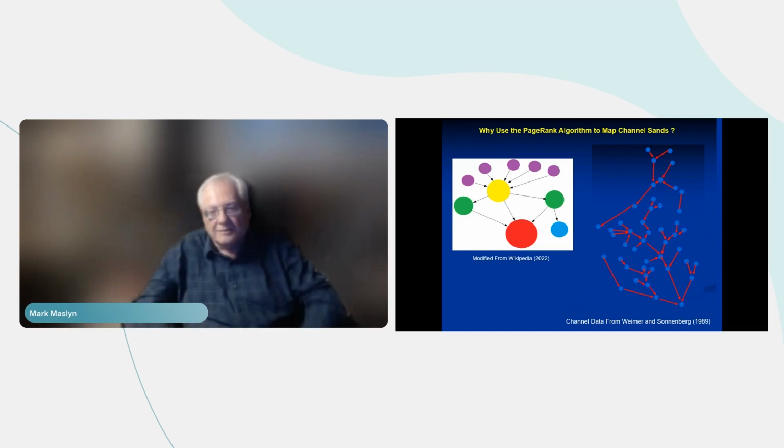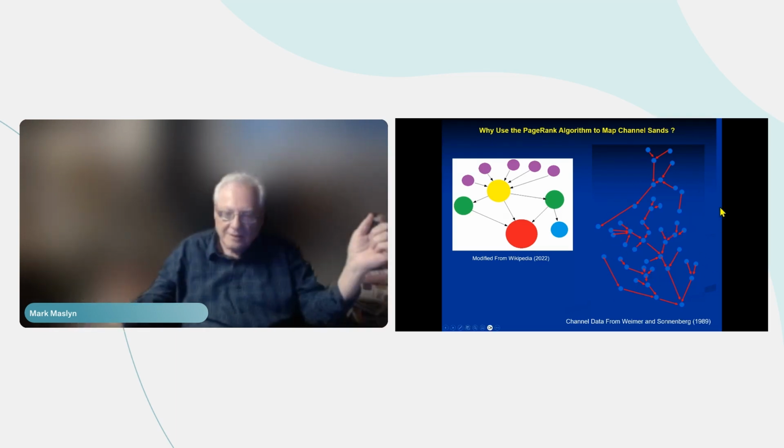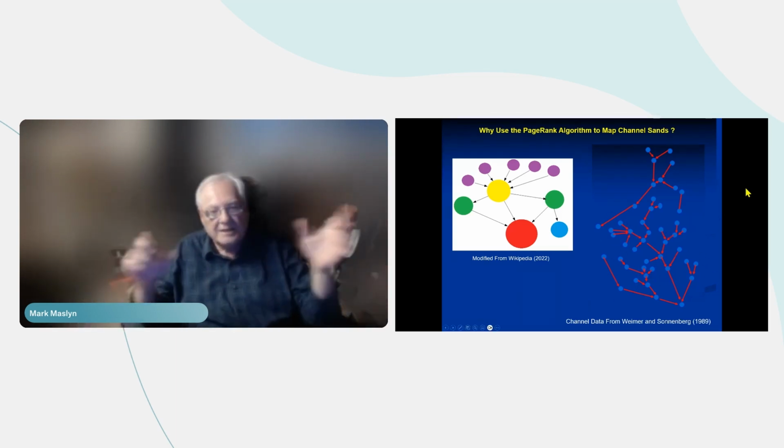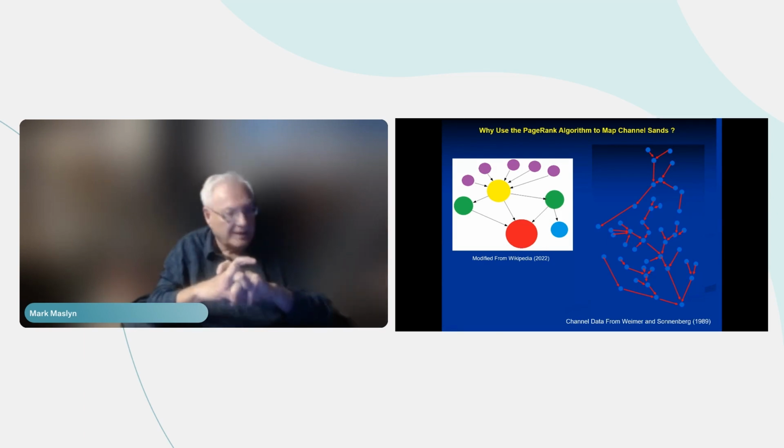Now, let's take a look at what would happen. Why would I use PageRank to map channel sands? Okay, this is a key question. I'm sure a lot of you have already figured this out. But essentially, the reason I chose PageRank to model these channel sands is because PageRank tracks a numeric value for information flow, links, information flow.